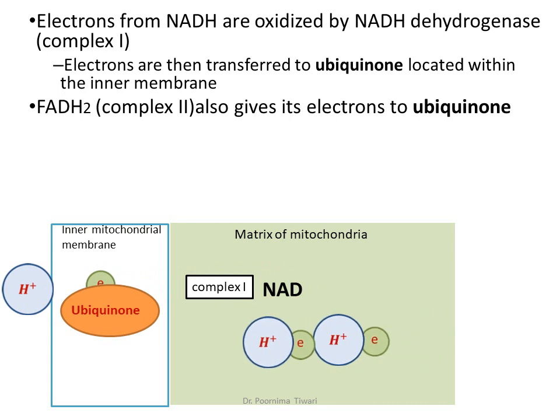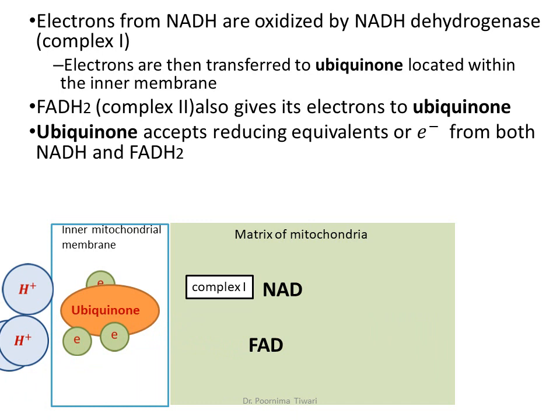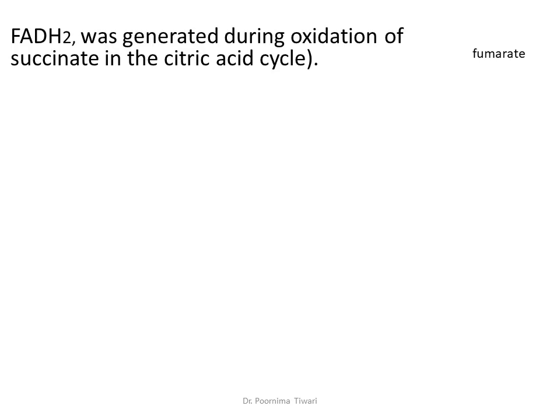So ubiquinone receives H atoms from both NADH via complex 1 and directly from FADH2. So NADH gave its electrons to complex 1, which gave them to ubiquinone, and FADH2 gives them directly to ubiquinone. Remember, FADH2 was generated during oxidation of succinate in the citric acid cycle.